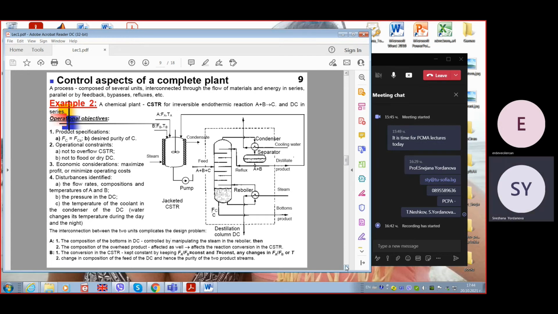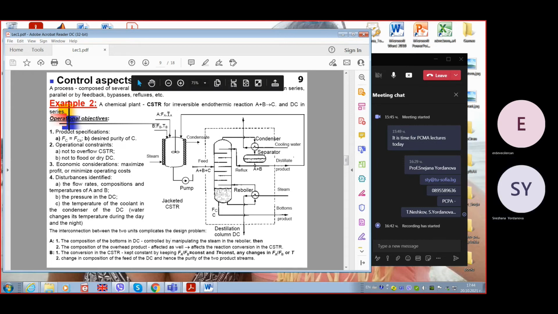So if you control flow rate, these input flow rates are related with previous installations that produce A and B and heat them to temperature TA and TB.